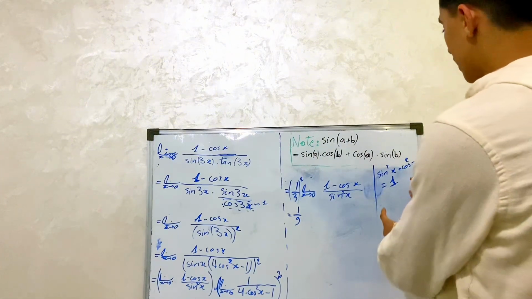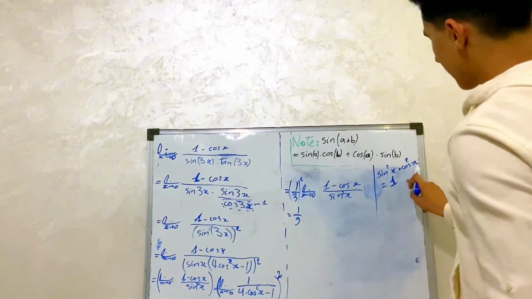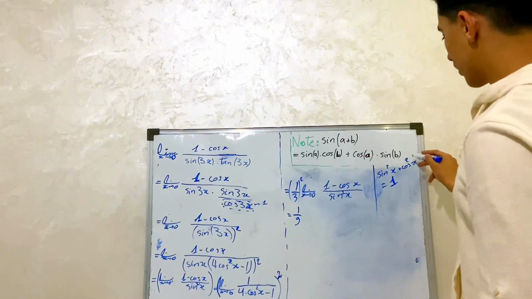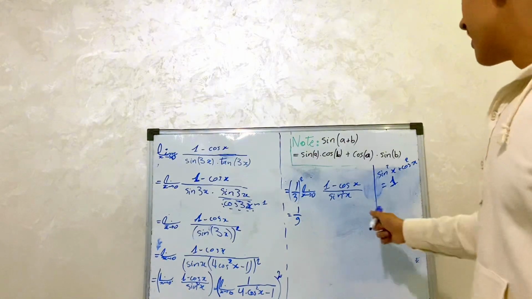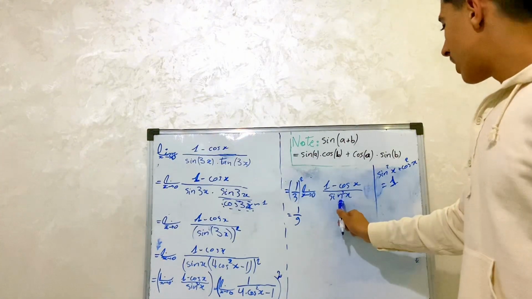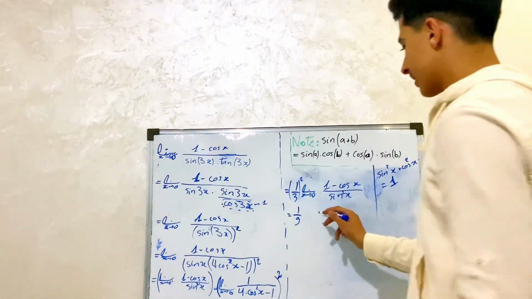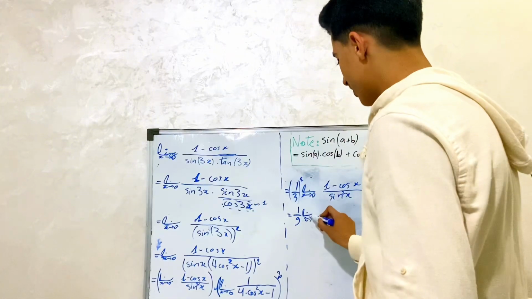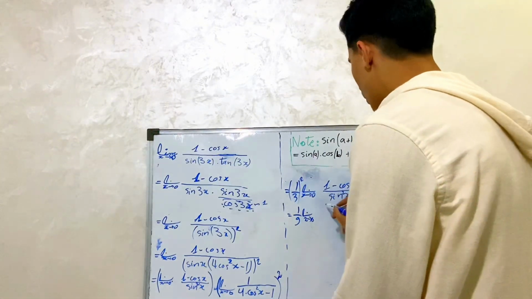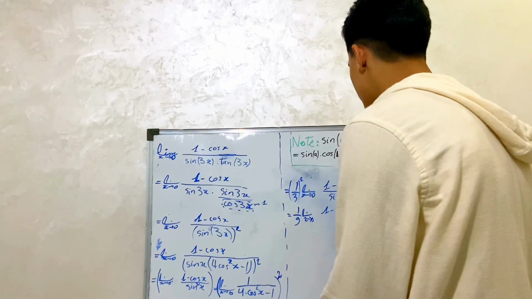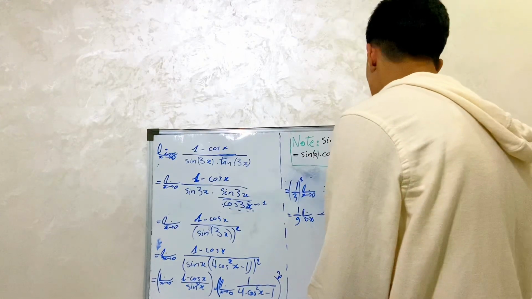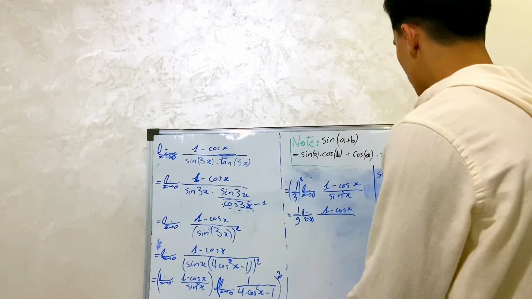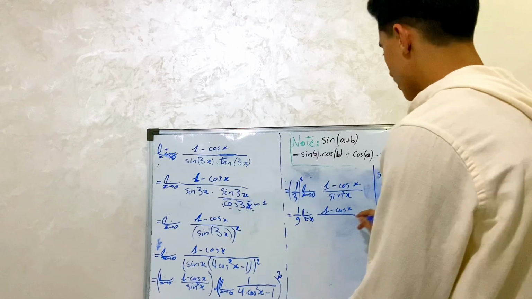We can basically just subtract cosine square x on both sides, making this 1 minus cosine square x. So this is 1 over 9 limits as x approaches 0 of 1 minus cosine x over 1 minus cosine square x.